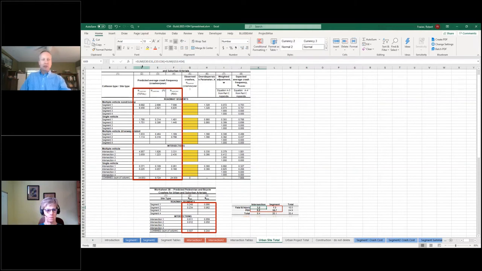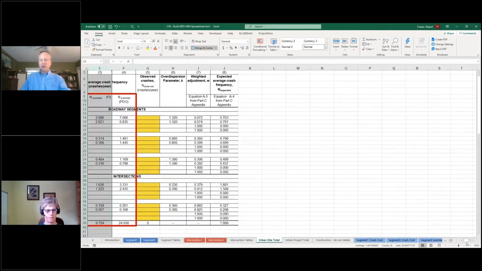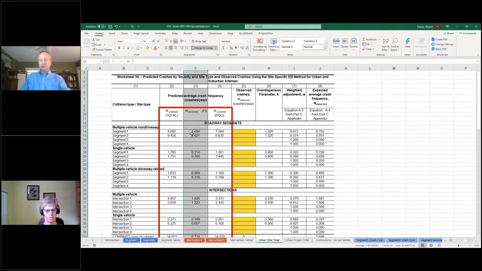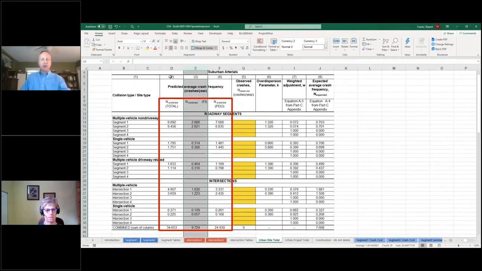Column D is total predicted crashes. Column E is fatal and injury predicted crashes, and column F is PDO crashes.